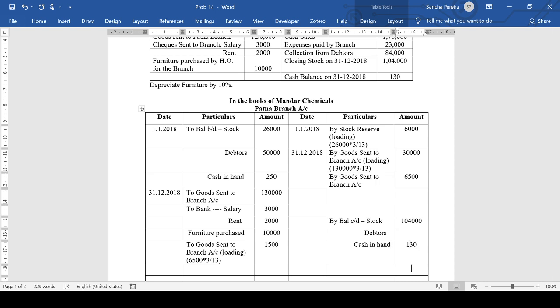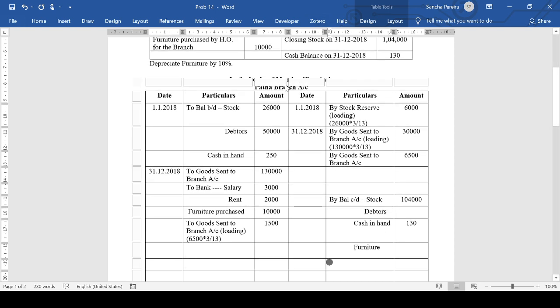We also have furniture. We cannot forget furniture. Furniture is also an asset that is carried forward. The value of furniture is 10,000 and they've said depreciate by 10%. So it's going to be 10,000 minus 10%, 1,000, which is 9,000.